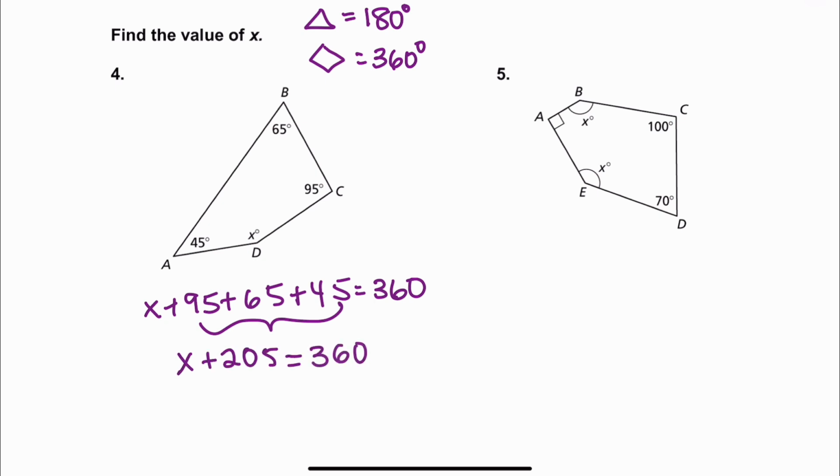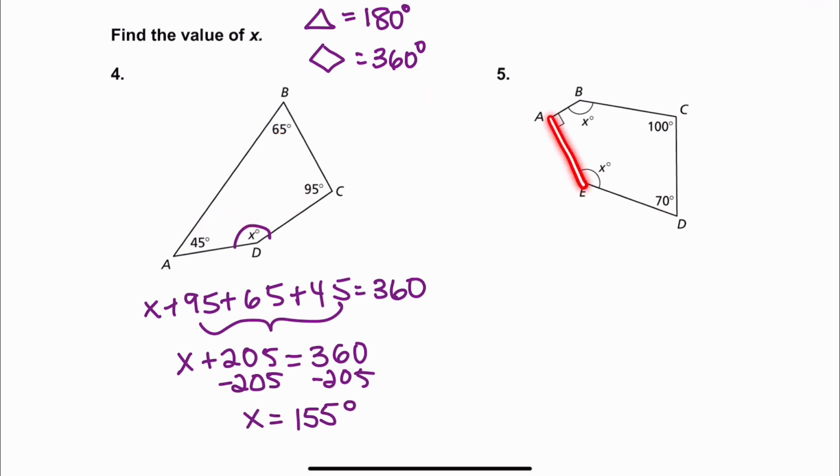So if I want to figure out how many degrees x is, all I need to do is take 360 degrees and minus off the 205. And so my x is going to be a 155 degree angle. And if you wanted to double check that, you could take 155 and add it to 95, 65, and 45, and you should get 360 degrees.